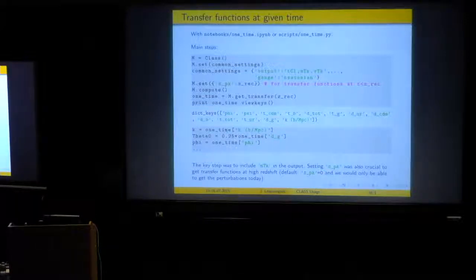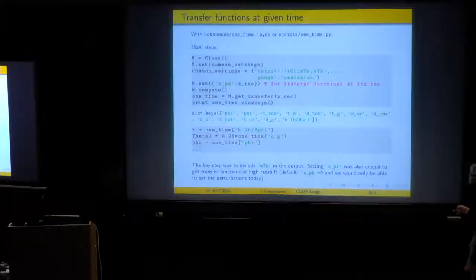There is one column for k, of course, because we want to plot things as a function of k. And the other columns are the metric fluctuations. The t are the theta, in fact, the velocity divergence of the different species. The d are the delta, the density perturbation of the different species. So I have them for ultra-relativistic species, cold dark matter, baryons, photons, and the total, and the same for delta.